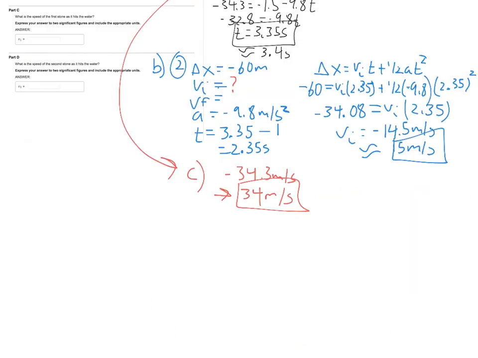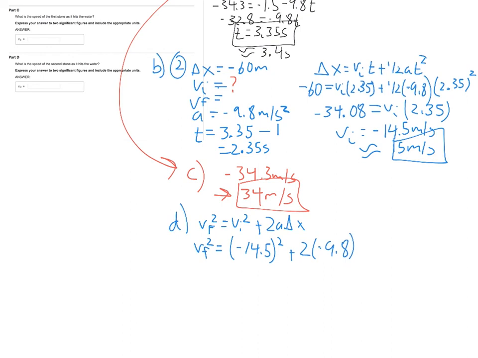For the last part, we're trying to calculate the speed of the second stone as it hits the ground, and so we're once again going to turn to our VF squared equation to help us find that final velocity. So we have VF squared equals that negative 14.5 squared plus 2 times negative 9.8 times negative 60.